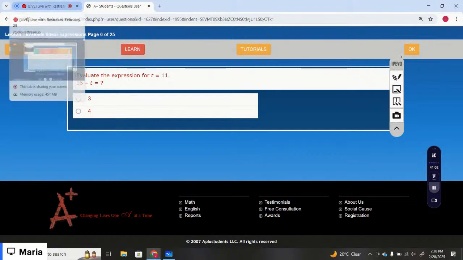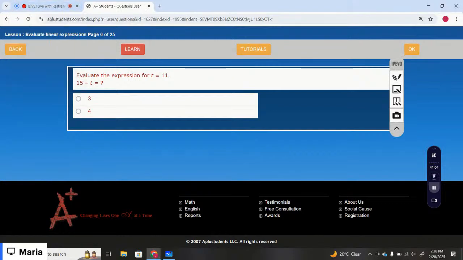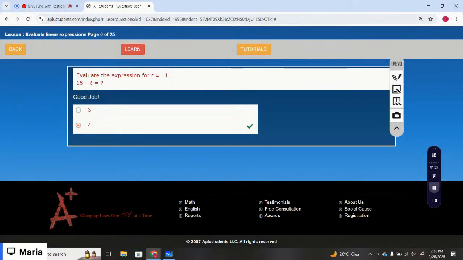Evaluate the expression for t equals 11. That is 15 minus 11, that is 4. Option number 2 is the correct option.